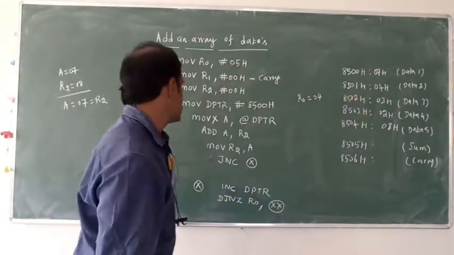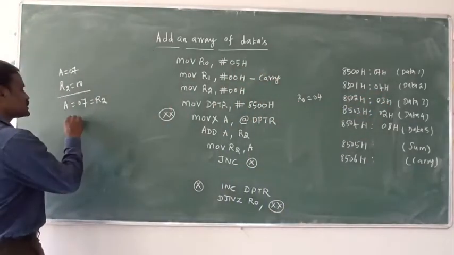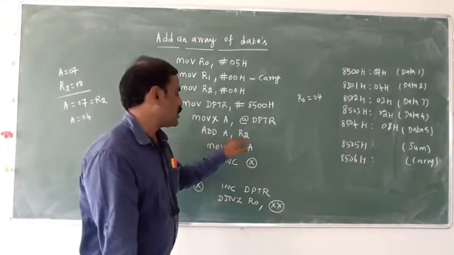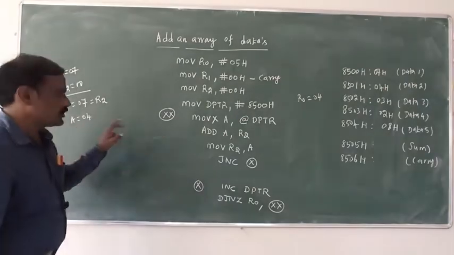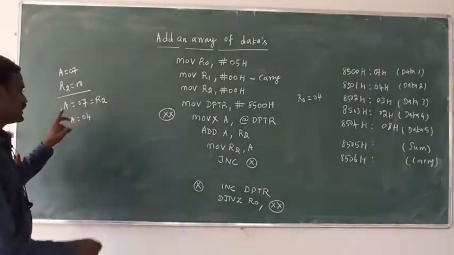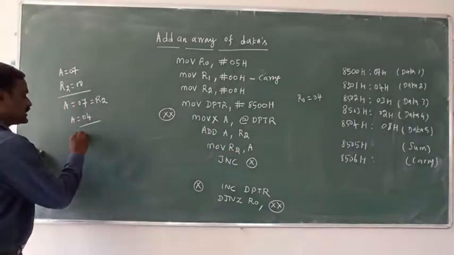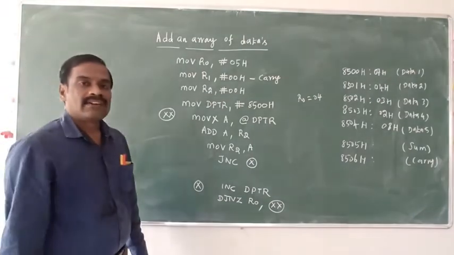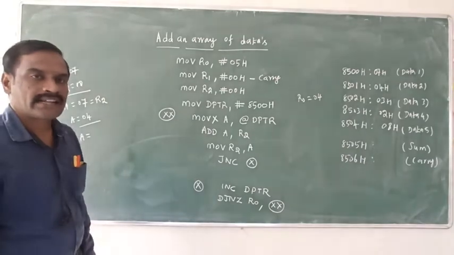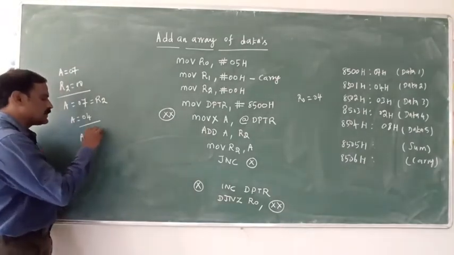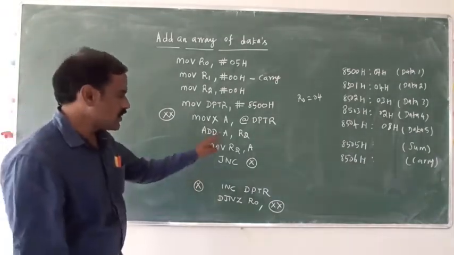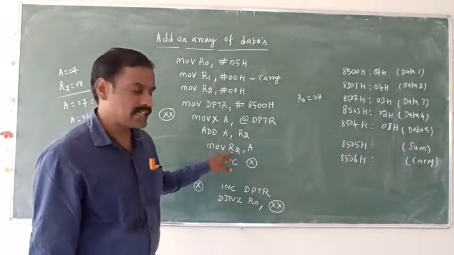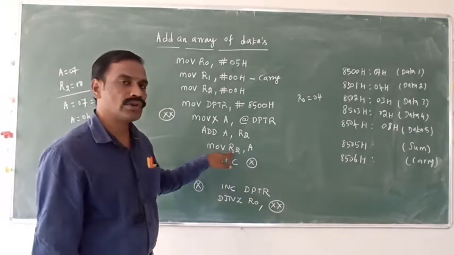Now A register has 04 and register R2 has 07: ADD A, R2. Add these two; the result in A is 07 plus 04, which is 11 in decimal and 0B in hexadecimal. After addition, the A register data, the sum, is moved to the R2 register.